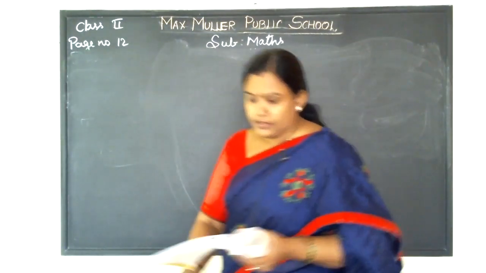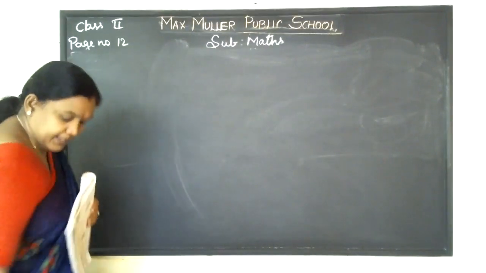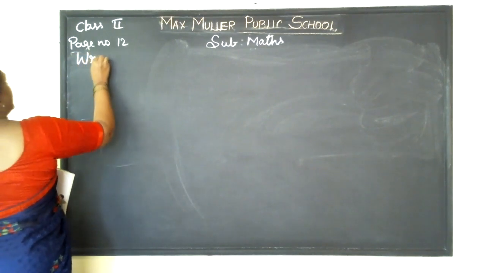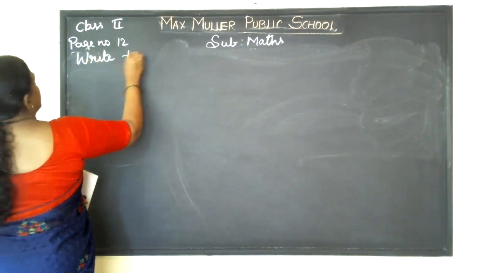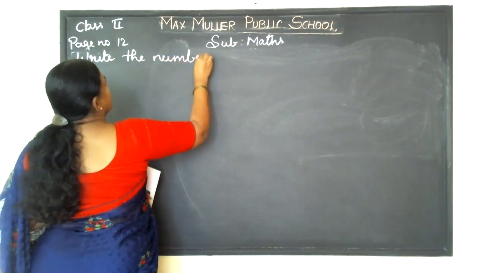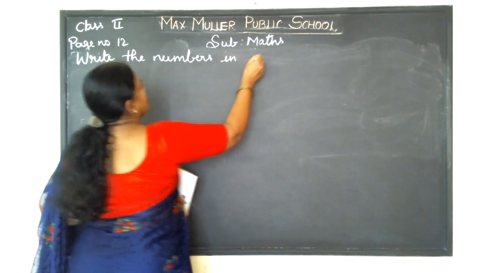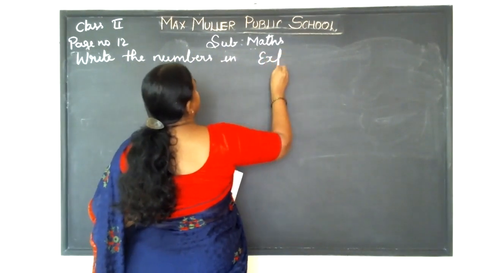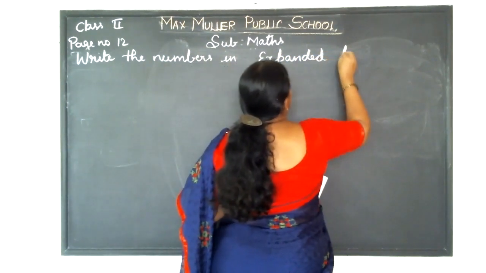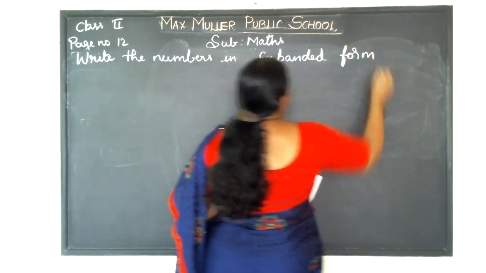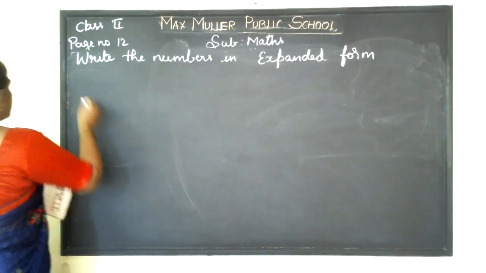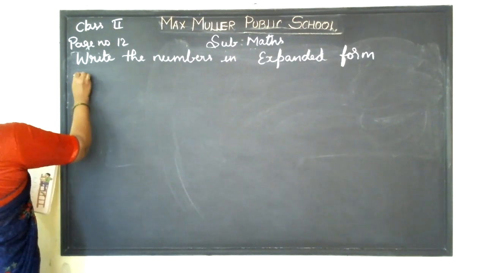Now second main, write the numbers in expanded form. Already they did one sum. Now next one, 352.